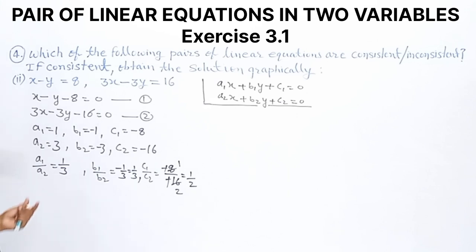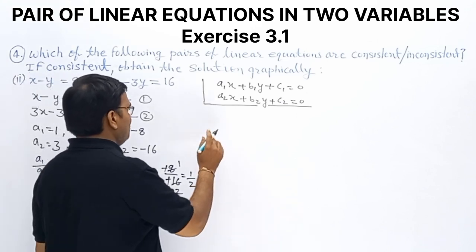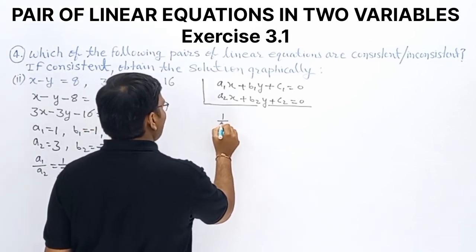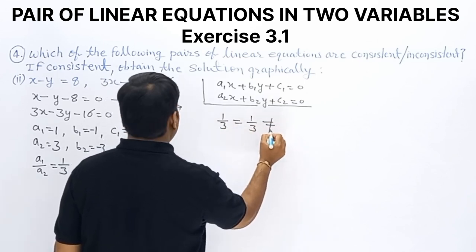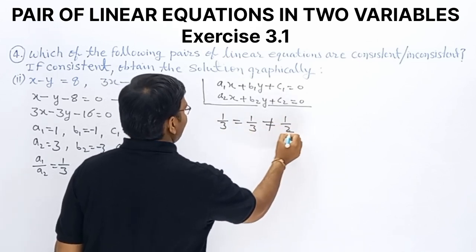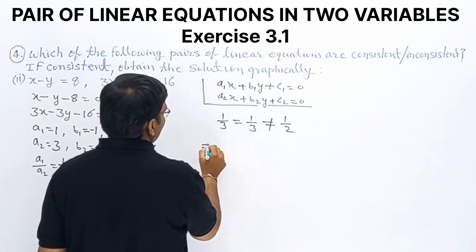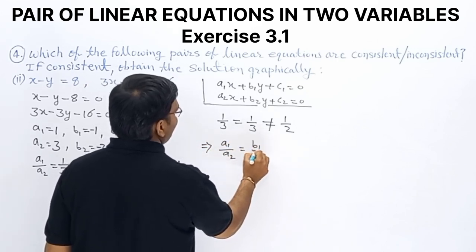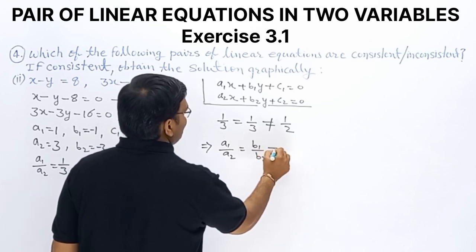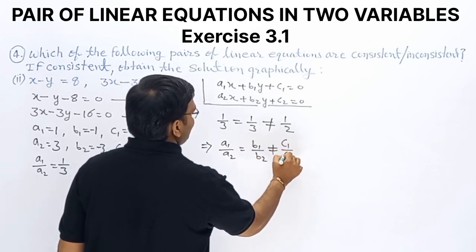So from these ratios, what are we getting? 1 upon 3 equal to 1 upon 3, but not equal to 1 by 2. It means a1 upon a2 equal to b1 upon b2, but not equal to c1 upon c2.